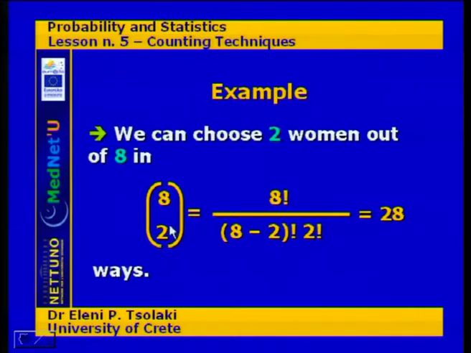We can choose out of the 8 possible choices we have, not the 15 we had in total. And we see that we have 28 possible ways doing the calculations of choosing 2 women out of 8.